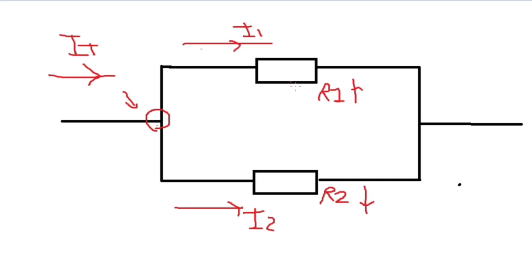The branch that has more current would naturally and always be the one with the less resistance. So here R2, or this branch right here, would have more current than this branch right here. So I2 would be greater than I1 in this case.